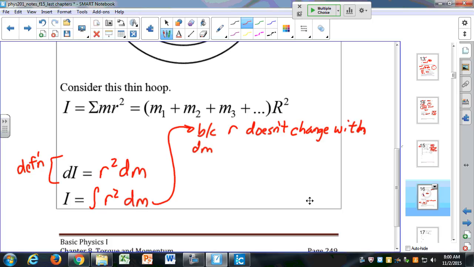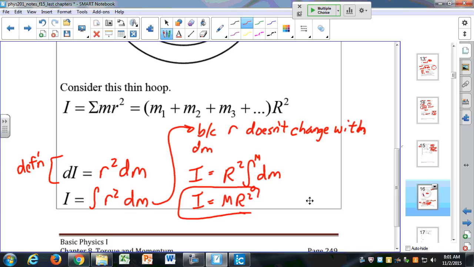So my moment of inertia will equal R squared times the integral of dm. And then the integral of dm is just M. So if I integrate from 0 to big M, my I will be equal to M R squared.